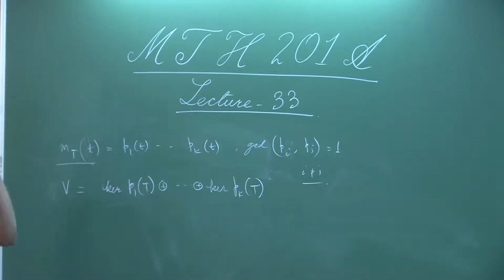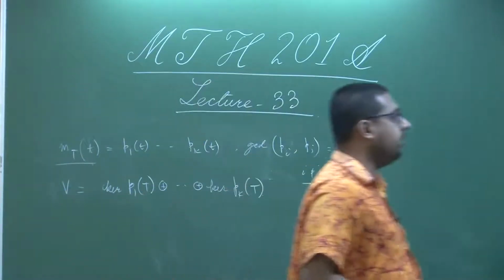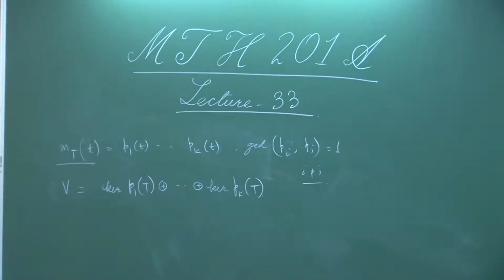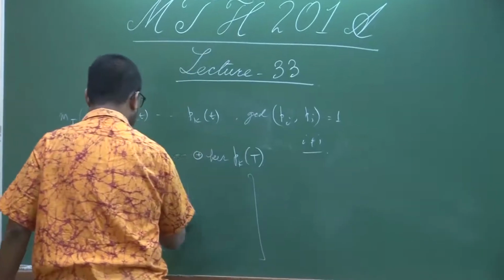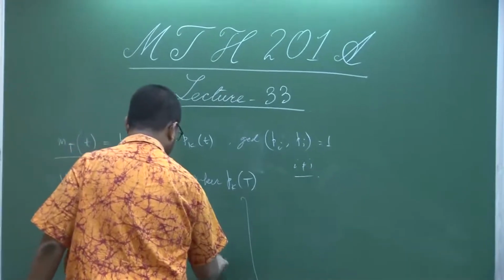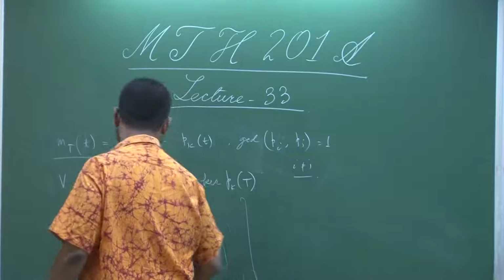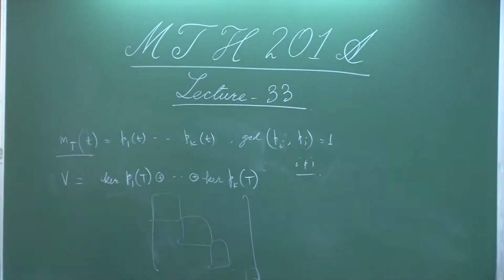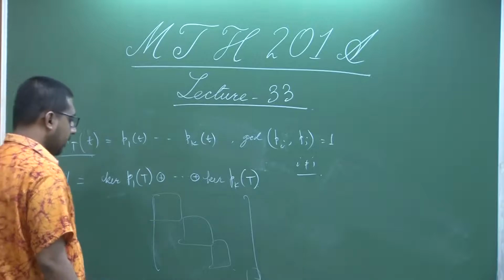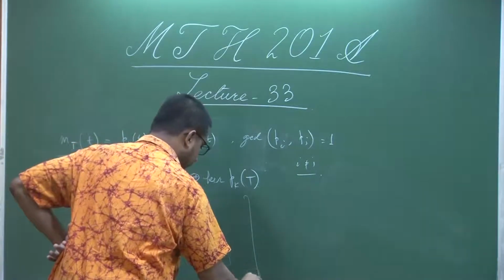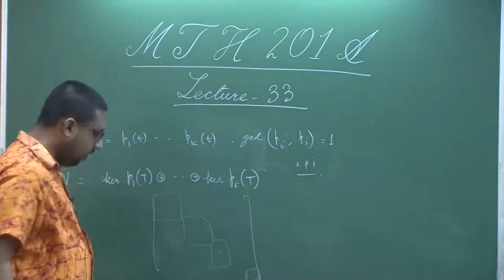So, now come to the point that we do have a decomposition of V into invariant subspaces, and thus given any linear operator I can decompose that into a block diagonal form, okay.